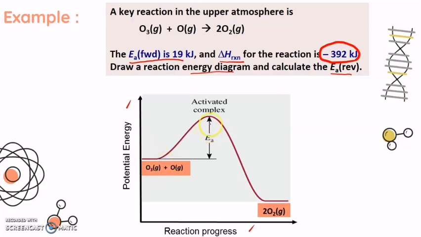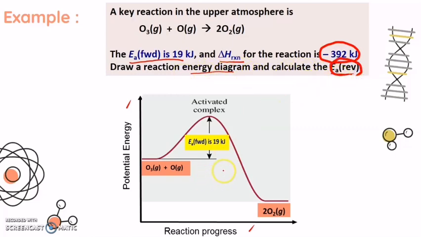Then don't forget to label the activation energy from the reactant to the peak of the graph and also the activated complex. As the activation energy is already given to you, we label it as EA forward is 19 kilojoule, and the question asks you to calculate the EA reverse.